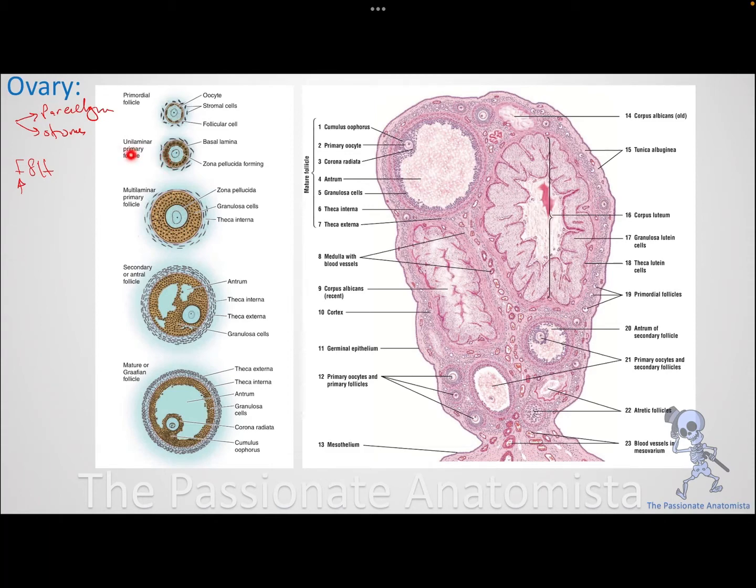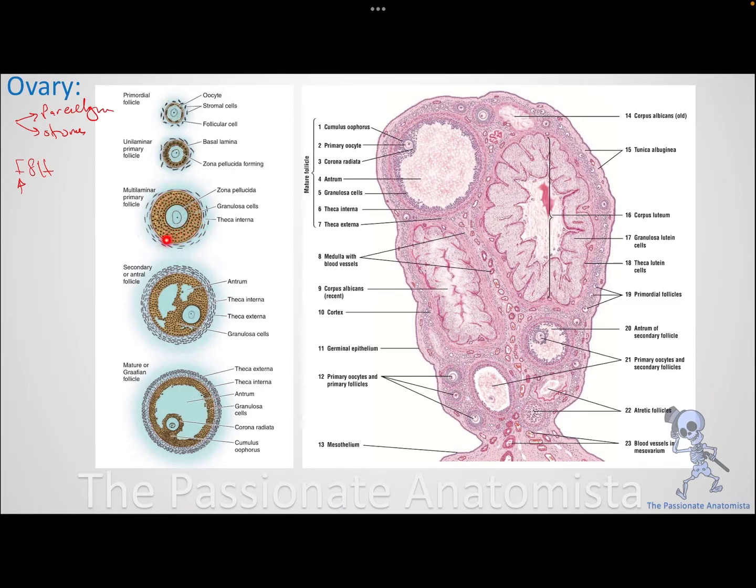So the primary follicle is when the primordial follicle starts to get active, and those cells become active and cuboidal, and then they will start to give, by mitotic division, many more follicular cells. So we get more into a multilaminar primary follicle. At that point we are still cuboidal cells, still primary follicle, because we are getting more and more cells.